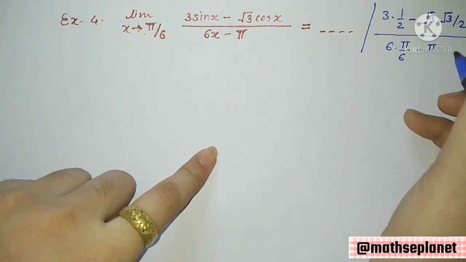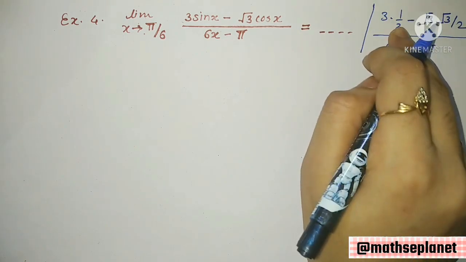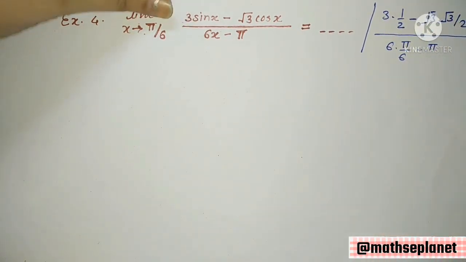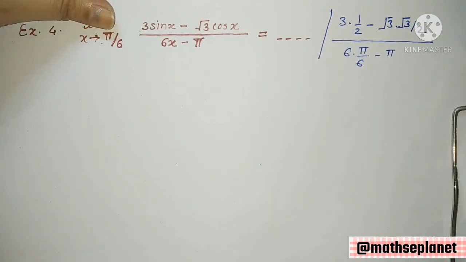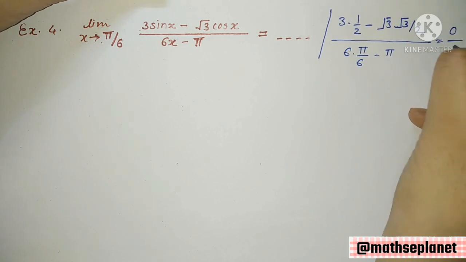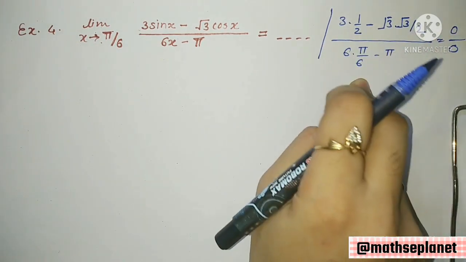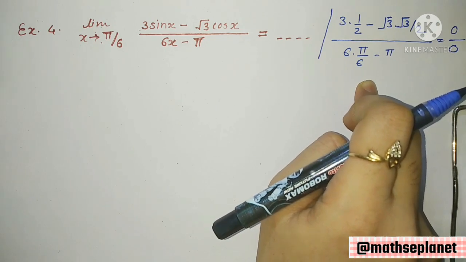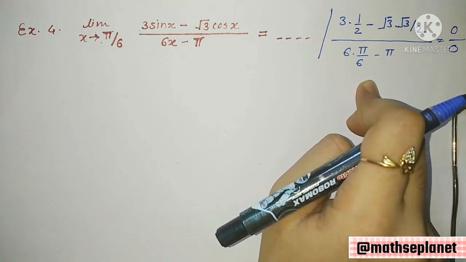So here 3 by 2 minus 3 by 2 is 0, and the denominator is also 0, so 0 by 0. In this example also you are getting 0 by 0 form, so we are ready to apply L'Hopital's rule.